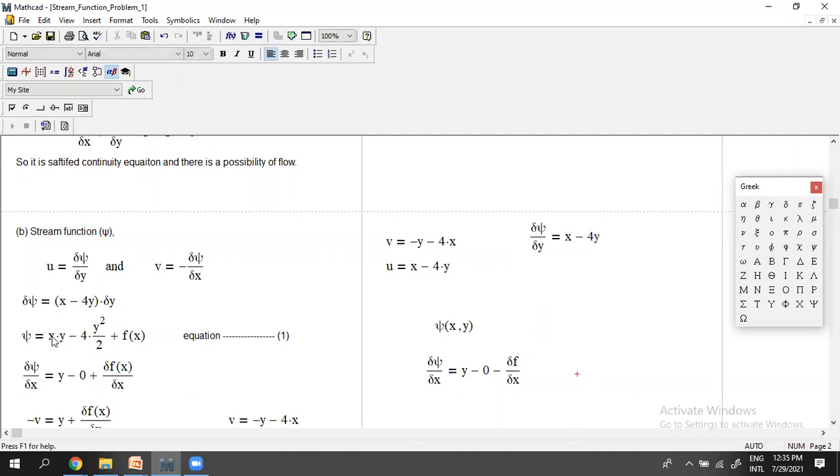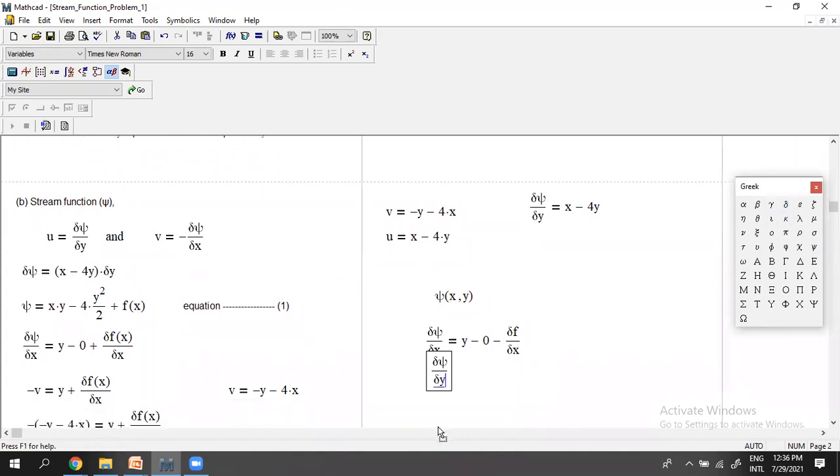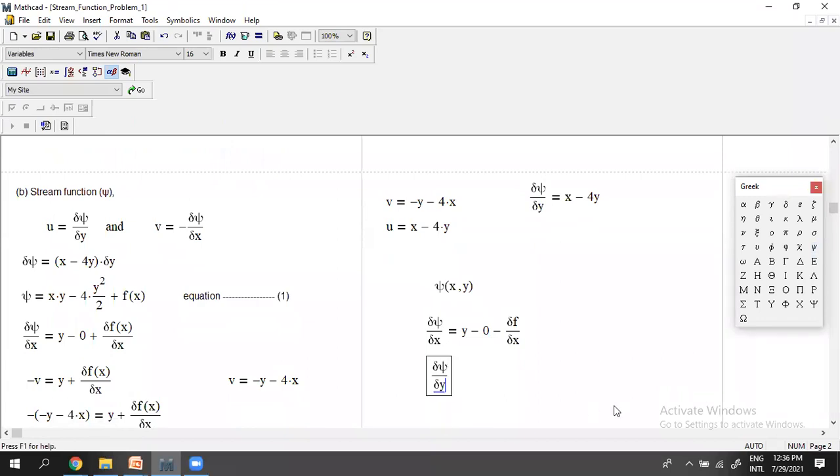Now you differentiate. What are you getting? Del psi divided by del y, I'm sorry, with respect to y. You figure out with respect to y, then xy gives only x, minus the derivative of 2y squared.